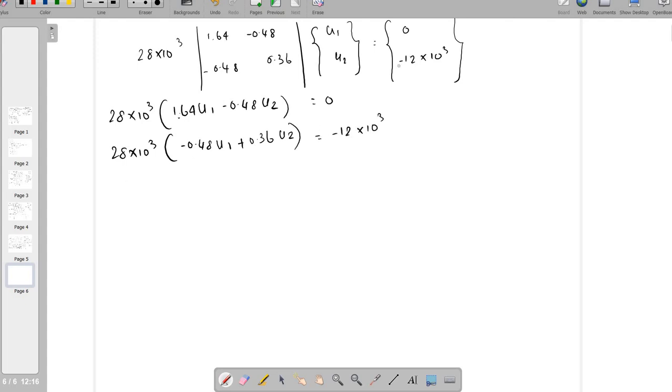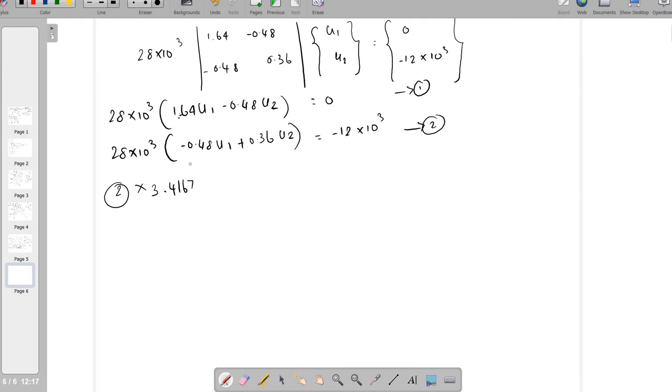I am keeping these as equation numbers 1 and 2. I am going to multiply equation 2 with a particular value to get 1.64 as the coefficient. The particular value is 3.4167. If you multiply the second equation with 3.4167, you get 1.64 here, so that we can cancel the u1 terms.